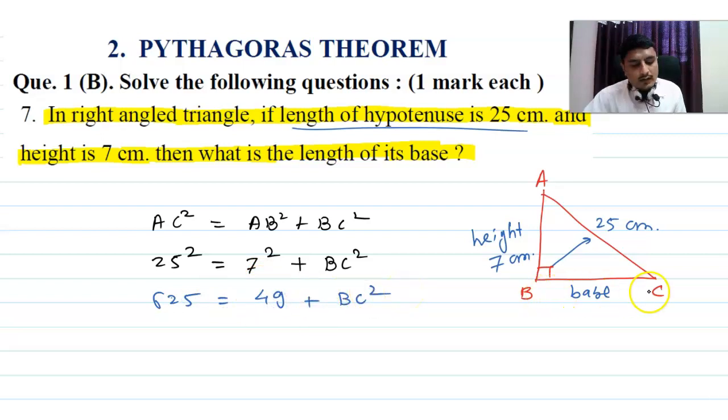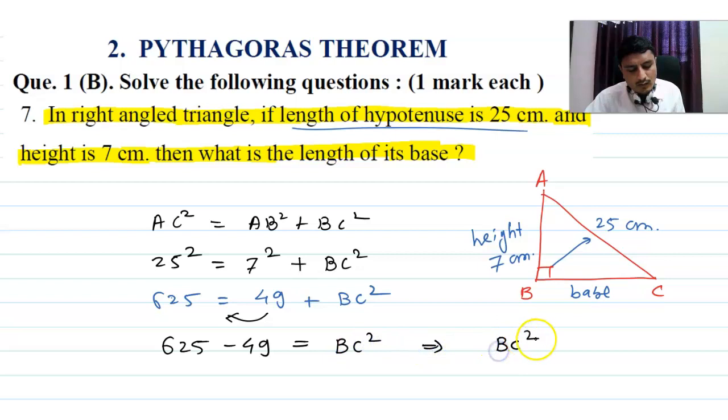Now to evaluate the length of the base of the given right angle triangle, that is BC, first evaluate the BC square value, so we shift 49 from RHS to LHS. Plus 49 becomes minus 49 after shifting, so the value of BC square is 625 minus 49, that is 576. Let's take the square root on both sides.